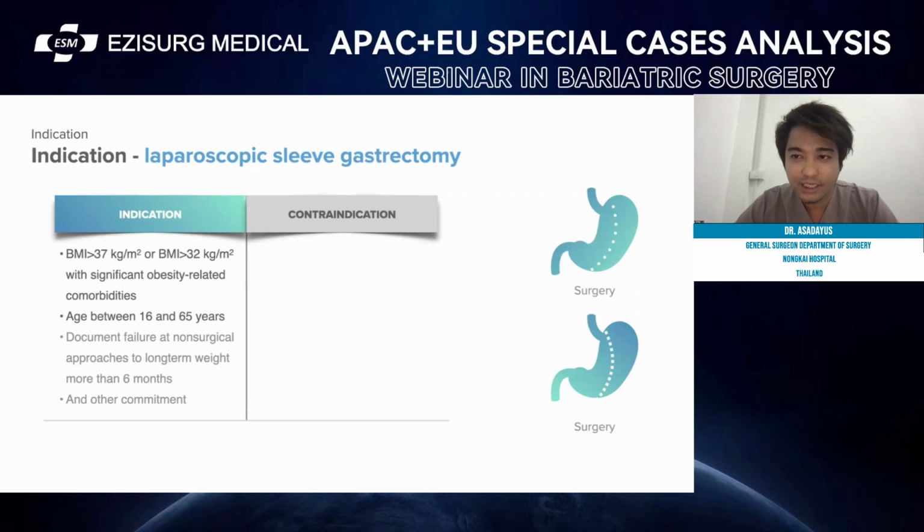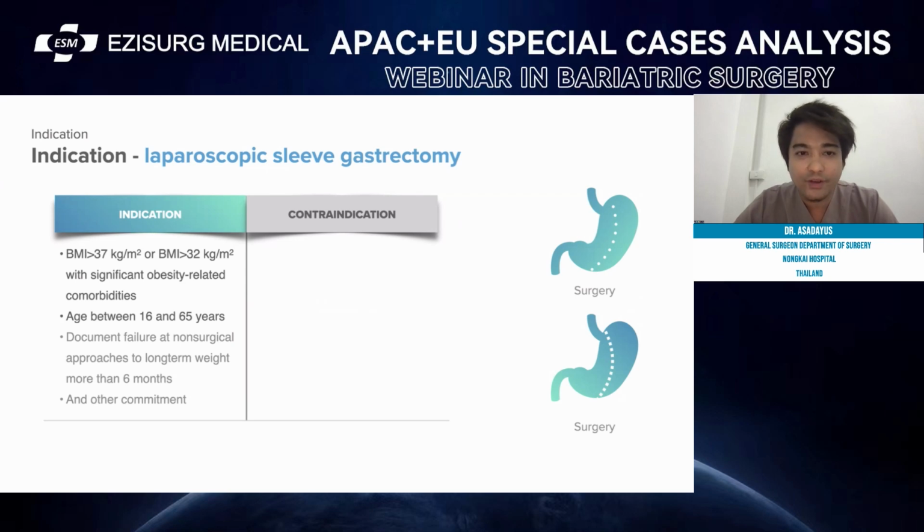In this series, the indication for surgery is a patient with BMI more than 37, or more than 32 with a significant obesity-related comorbidity like diabetes, hypertension, and uncontrolled dyslipidemia, and age between 16 and 65 years.